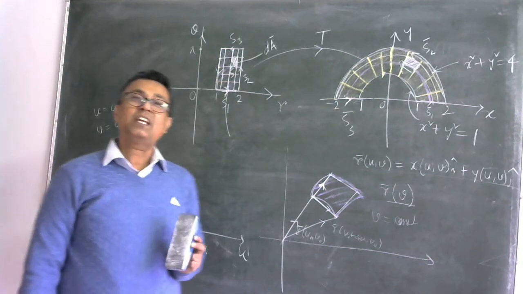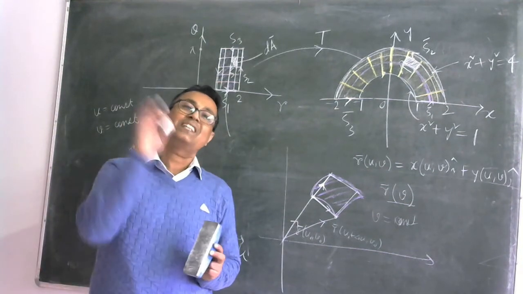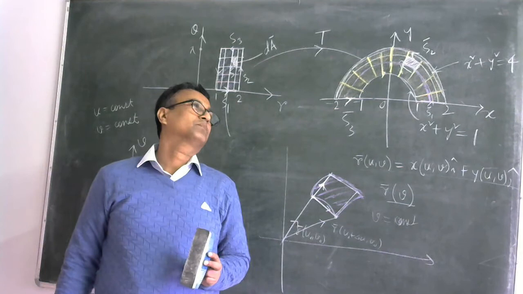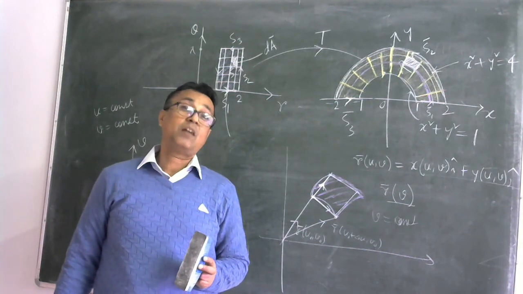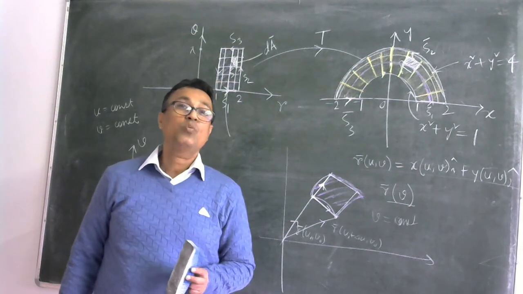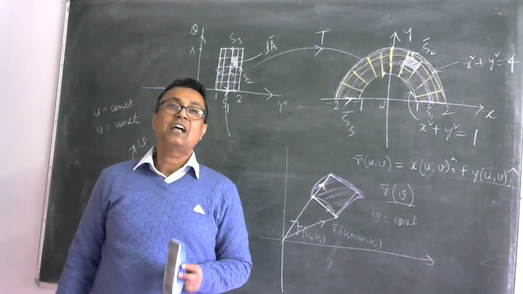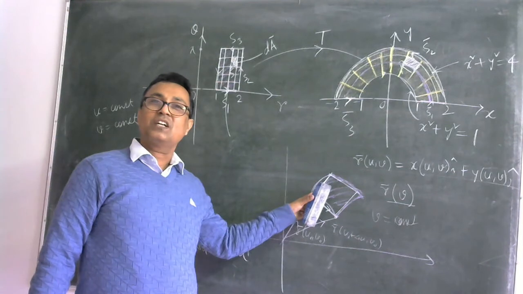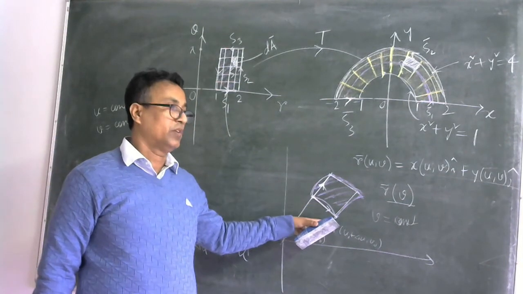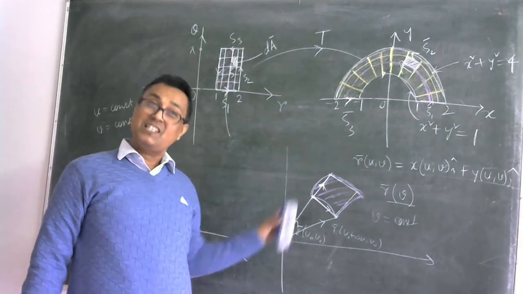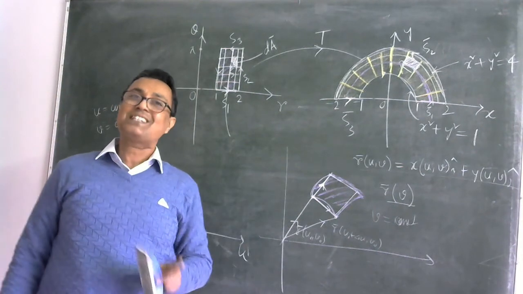Now, to differentiate from what we did for the area of a surface, which is the graph of a function of two variables, where we considered two tangent lines, here these are not tangent lines. These are simply two vectors joining these two points. Of course, the tangent also has a role here, but that is kind of hidden.